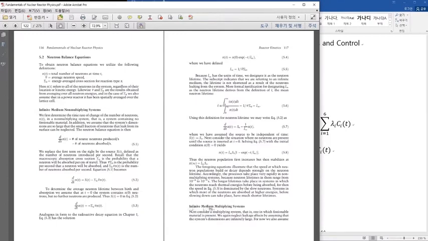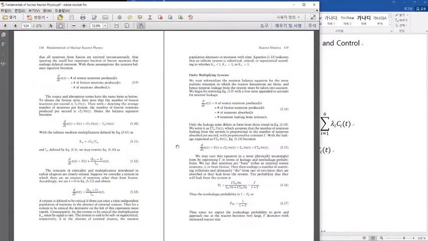Then infinite medium multiplying systems, and after that finite multiplying systems. Now here we at least recognize that we are going to deal with the neutron density distribution for a finite reactor.